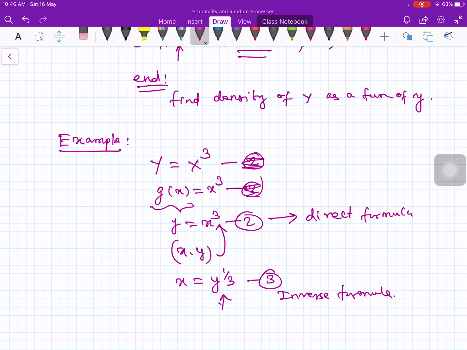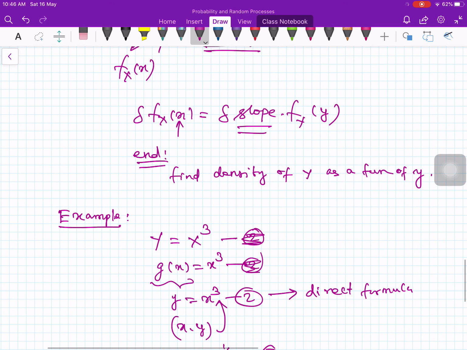So equation number 3 is essentially the inverse function that tells us, from a given y, what is the corresponding x. Now if I rewrite the formula, equation number 1, it tells us that the density at a particular x is going to be the density at the corresponding y times the slope of the function at that particular x that we are considering.